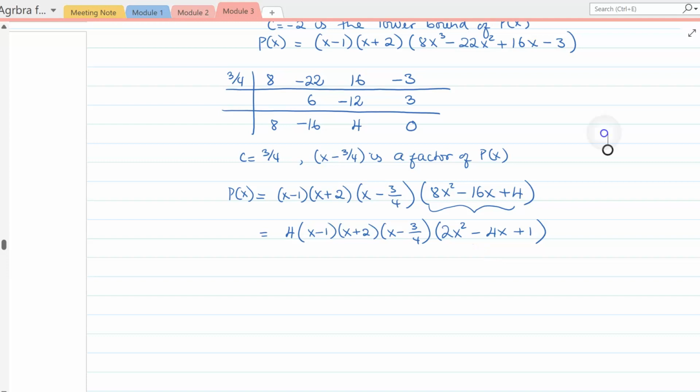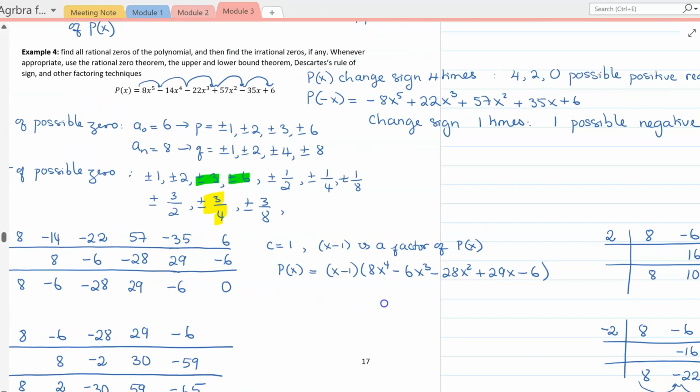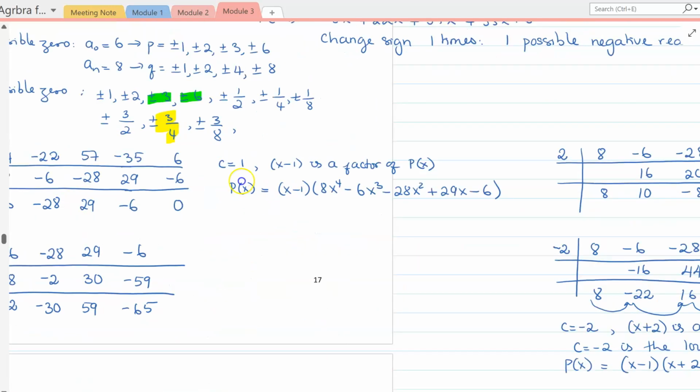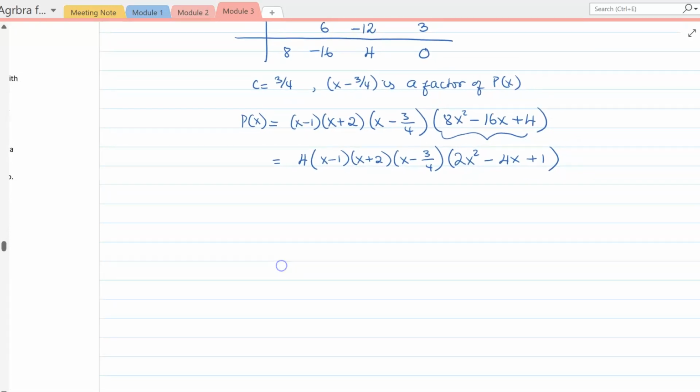So let's go back to see what exactly our question wants. Do we want to stop here or go further? We're asked to find all rational or irrational zeros. To find zeros, we need to let p of x equal 0. This means we already have x equal 1, x equal negative 2, x equal 3/4 from the synthetic division earlier. Now we can solve this quadratic equal to 0 by using the quadratic formula.